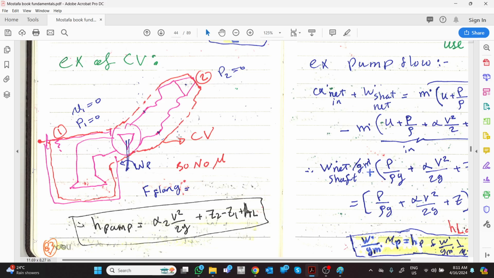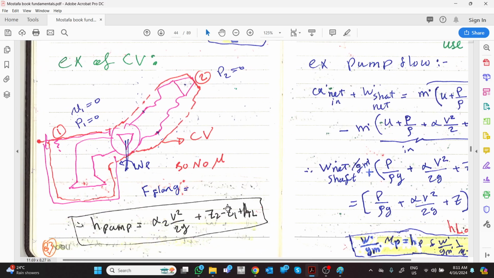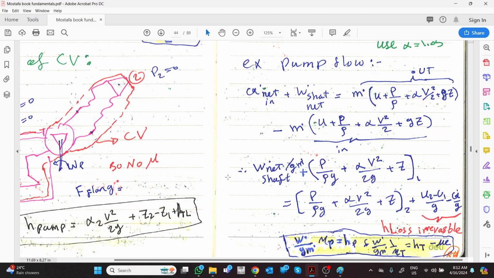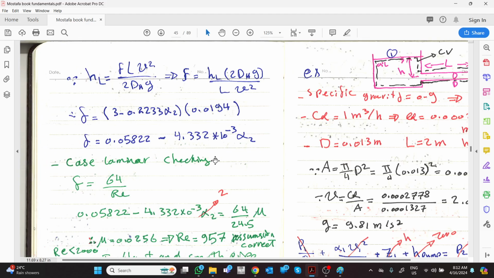This is the beauty of the Reynolds transport: put the control volume anywhere. But remember, don't cut the pipe like this. Or you can, by the way, but try to put it where pressure is zero. Be smart. Also don't make it inside the surface because you need to take the viscosity into account. Imagine if you are going to have any other shape.